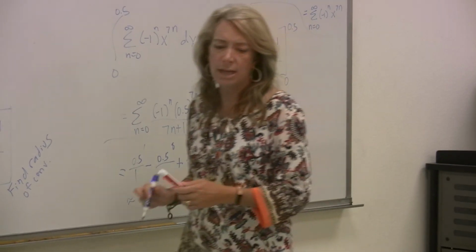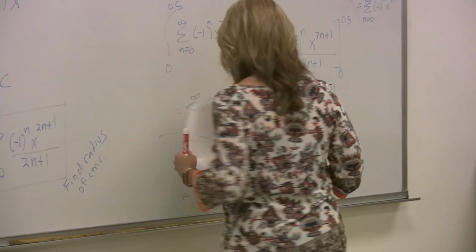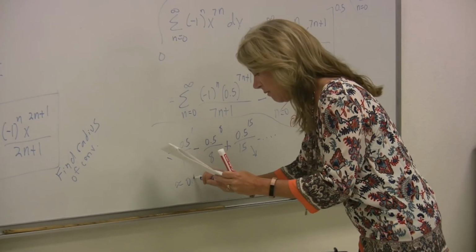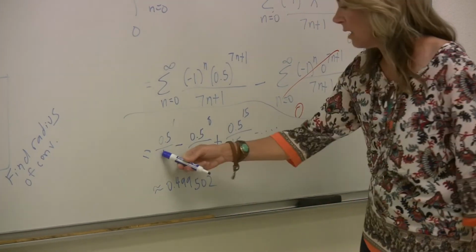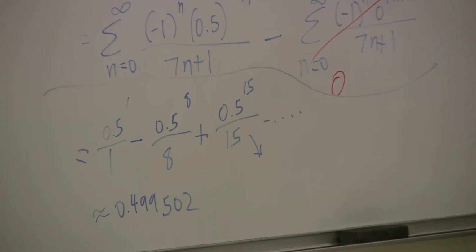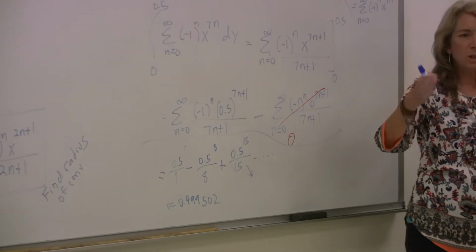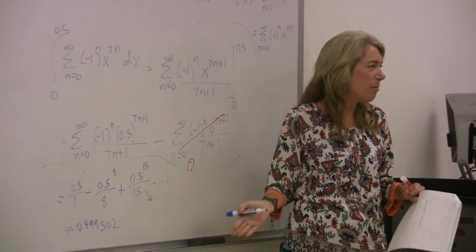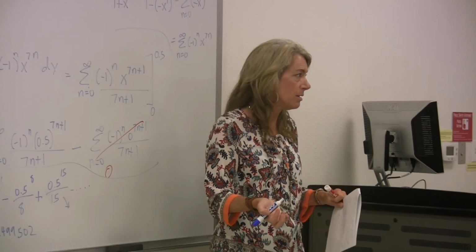I think I wrote this down already. Looks like I have 0.499502, if you take this one minus that one plus that one. So even though this is technically an infinite series, once you decide your accuracy, you don't need that many terms of it. We only needed 3 terms to get accurate out to 13 decimal places.